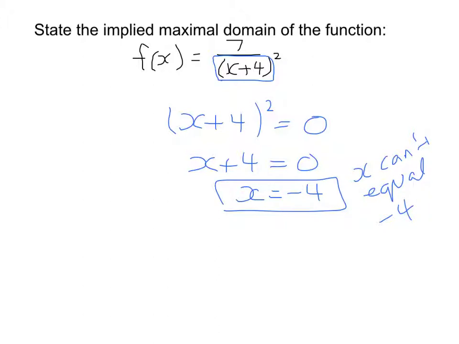So the answer that will give us for our domain is we can have any real number, but we need to exclude the value of negative 4, because if x is equal to negative 4, we get an undefined value for the function. Let's move on to the next question.